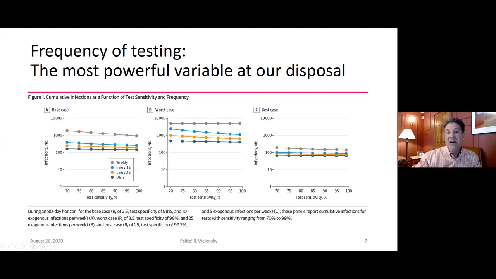It's not really all that hard to understand why. This is a virus that is transmitted pre-symptomatically and asymptomatically, over short periods of time. The more frequently you can test students and remove them from the active transmission population during the time that they are actually infectious, the more impact you're going to have on the outbreak.